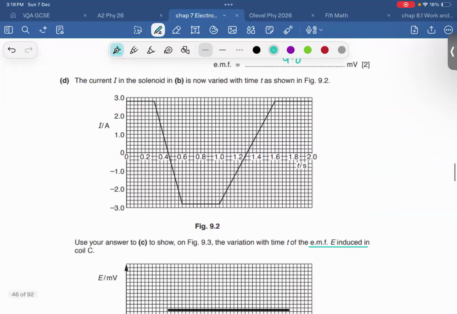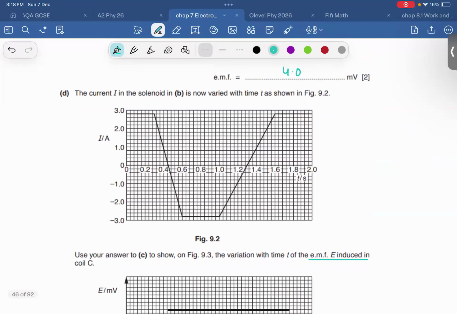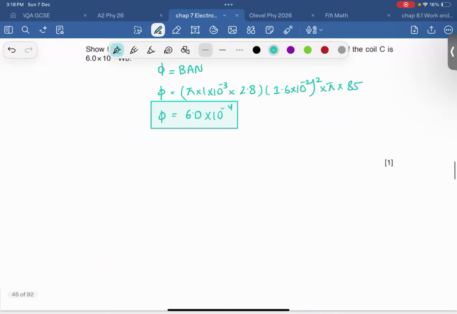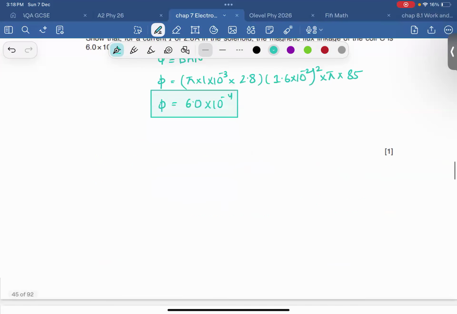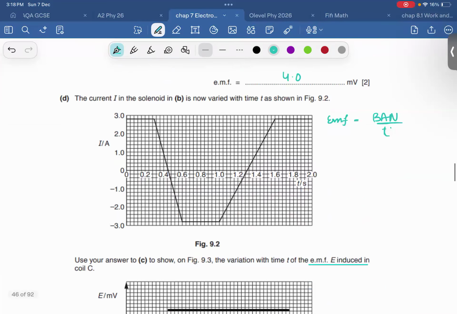We know that EMF is equal to BAN over T, right? We know this formula. And since it is a coil, whenever they give you the coil, they'll mention the formula. Just put that formula in here.